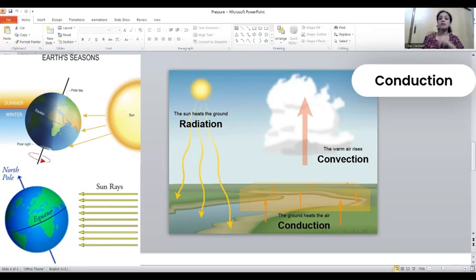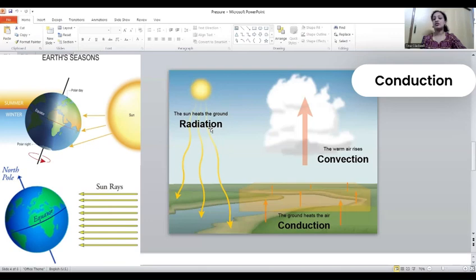So always remember, like the one that you see on the slide here, radiation is nothing but the sun heats the ground. Conduction is the ground heats the air, and only that portion of the air which is very close to the surface of the earth. And once the warm air rises, that process is called convection. So this is the difference between radiation, conduction, and convection.